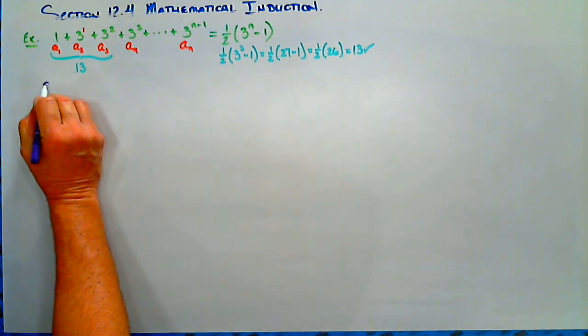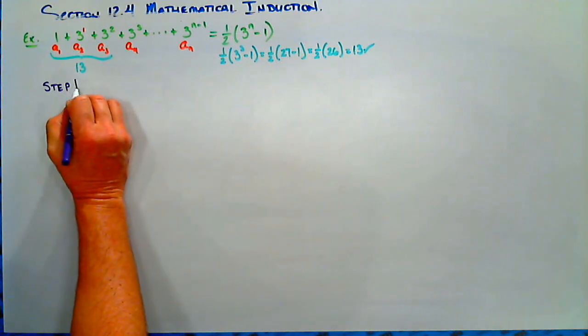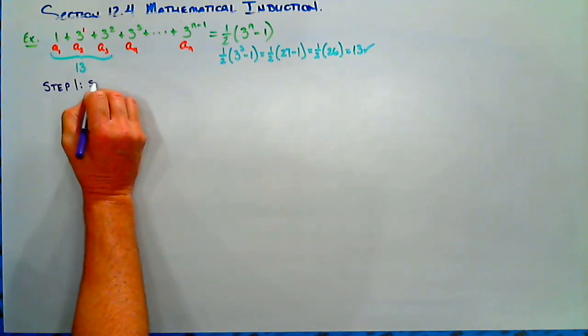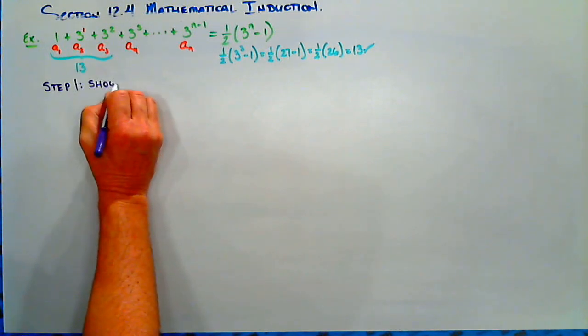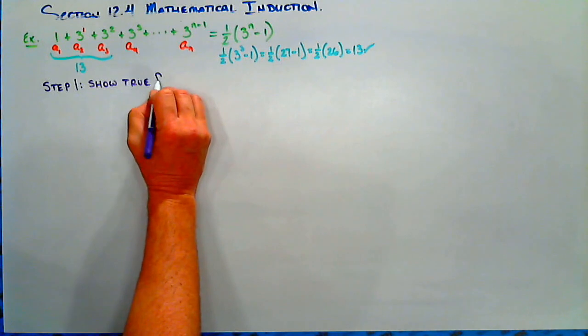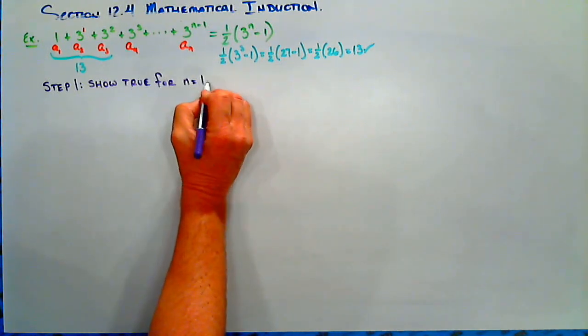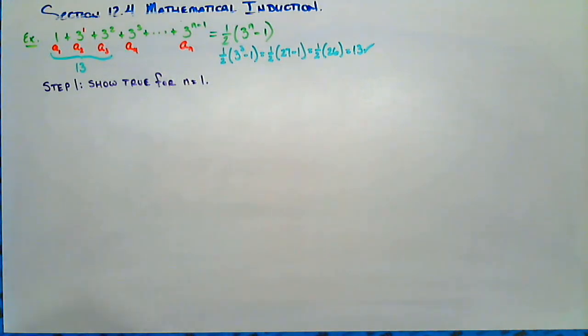So what was step 1? You can look back at your notes. Step 1 said, show true for n equals 1. We have to show it works for the first case, show it's true for n equals 1.